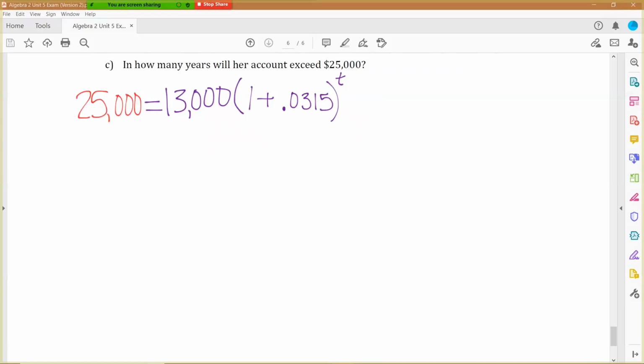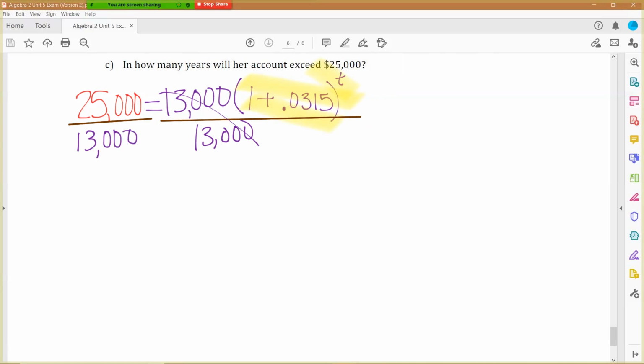So to solve for T, we've got to first get this set of parentheses that the T is attached to by itself. Fastest way to do that is to divide by what is being multiplied by, in this case, 13,000. Cancel those out. On the left side, I have 25,000 divided by 13,000.